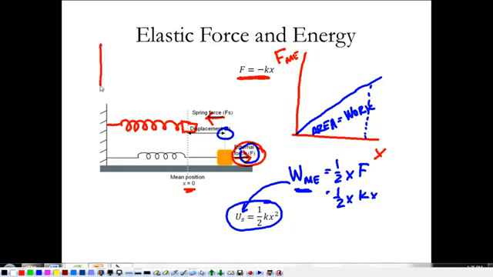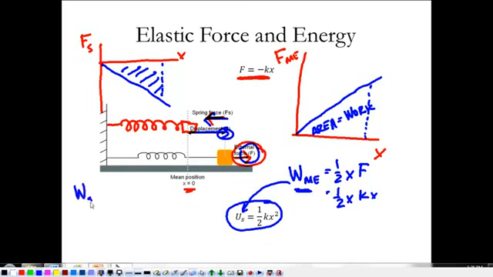Likewise, we could look at the force of the spring versus the displacement. Now that's going to be negative because the spring is pulling against the displacement. I move this way, the spring pulls back. But in the same way, that area is going to be the work. Now, the work done there by the spring is going to be negative 1/2 kx squared.